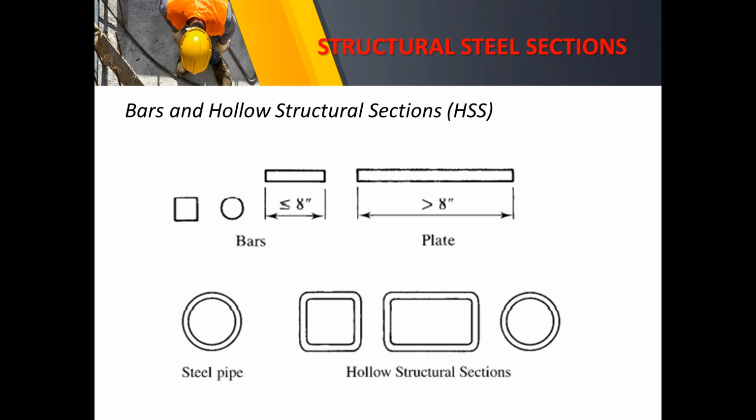This is what we call HSS. So it could be round in form, or a square or rectangular pipe. Of course, this was formed through bending of a plate. So you bend the plate and it becomes a steel pipe or hollow structural section.